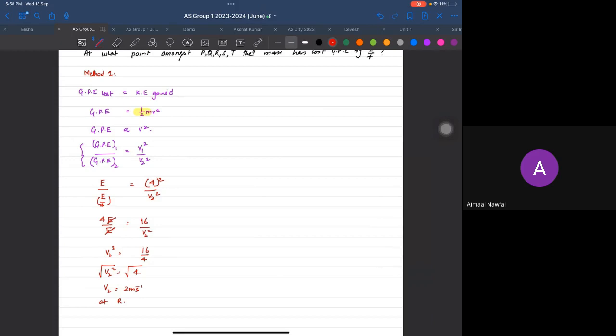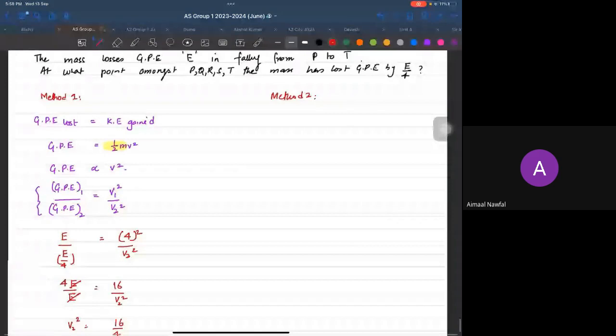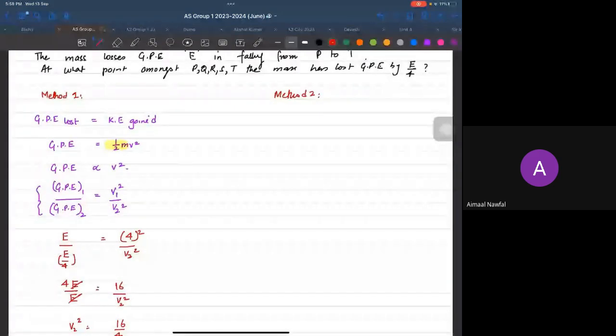All right. The other method of solving this would be by taking any supposed mass. The thing is that because the mass has no effect on how much GP is lost, we can basically make a relationship.